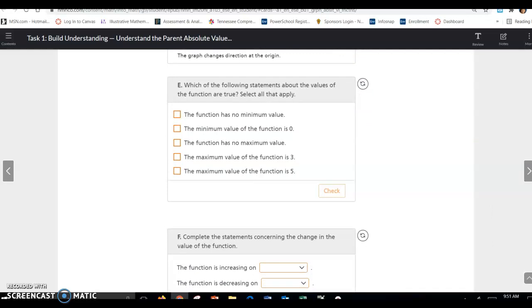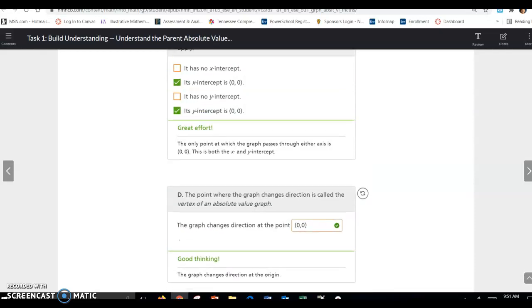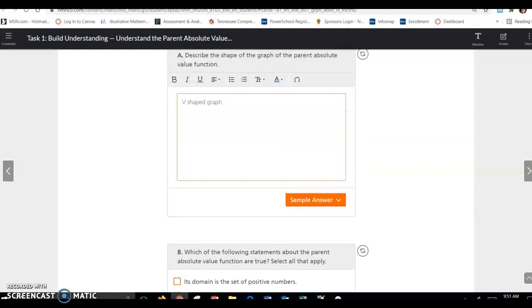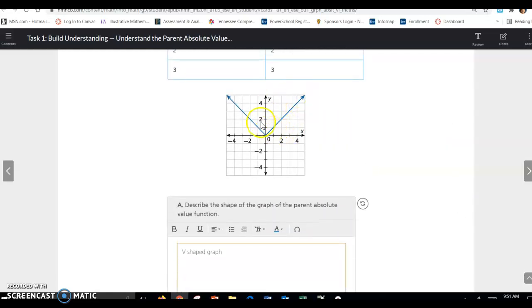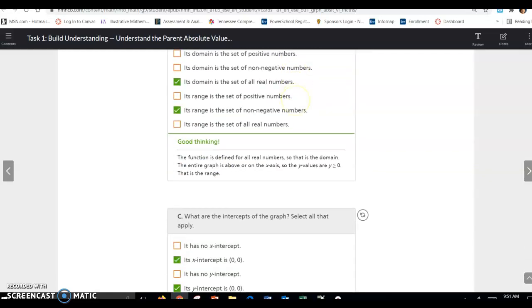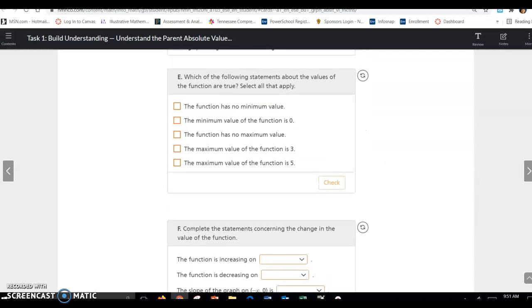Which of the following statements about the values of the function are true? Select all that apply. The function has no minimum. Well, that's not true. It does have a minimum. The minimum is the lowest point on the graph, and you can see the minimum is at 0, 0. So it does have a minimum, so we're not going to check that box.